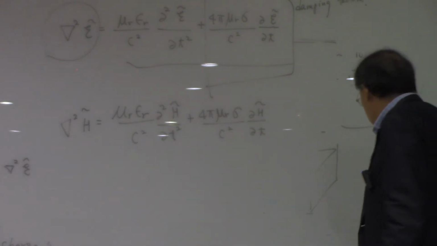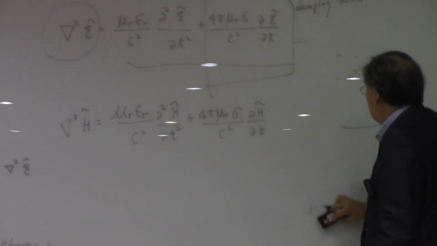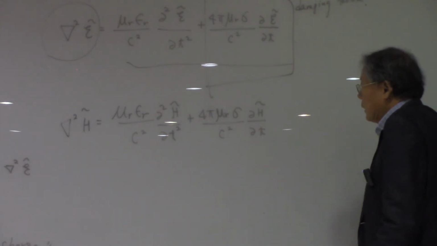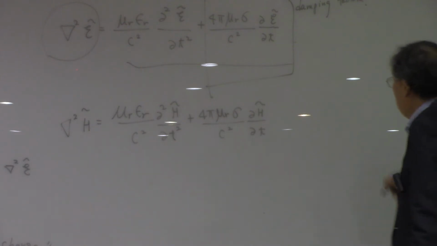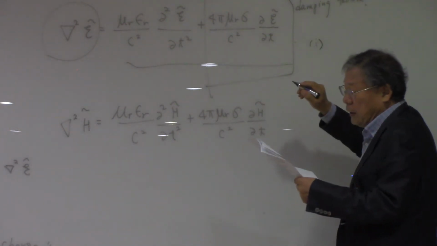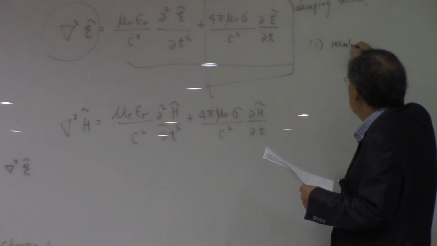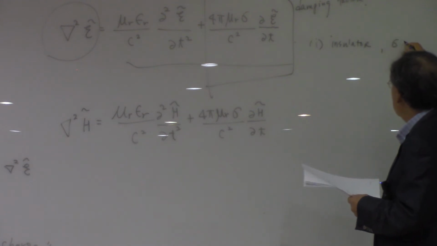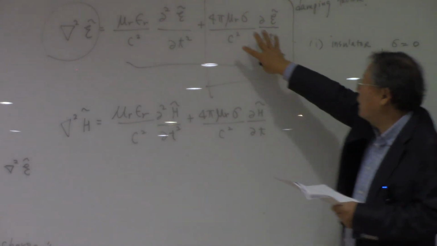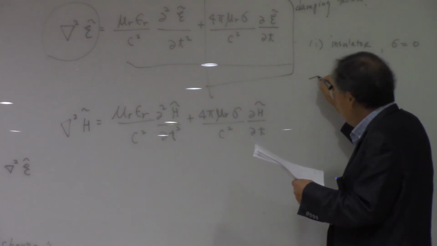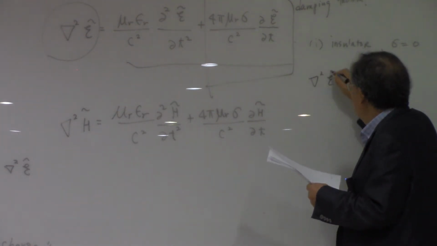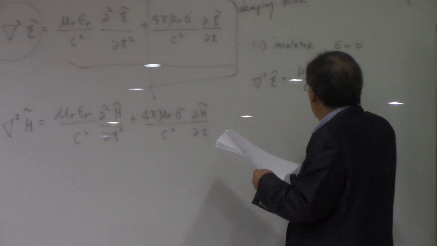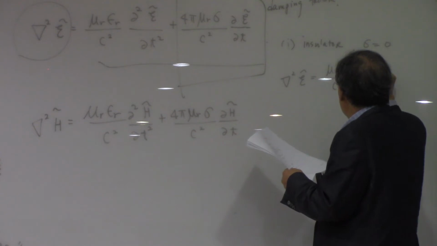Now, in analyzing these light equations, let's have the cases where the material is an insulator, which means that the conductivity is 0, then this part disappears, so that the equation becomes something like this: mu r e r over c square round t square round square over e.